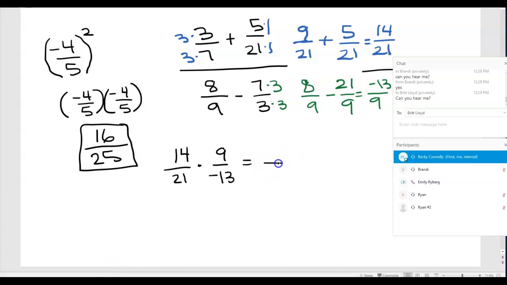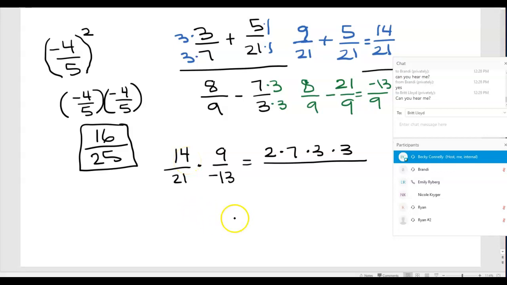Now, since it's connected by multiplication, you can do the prime factorizations of those and divide them out that way. Or there are a lot of different ways that people learn to do this. It's easier to do the prime factorization here while these numbers are still smaller, because they're connected by multiplication. Otherwise you'd do 9 times 14 and get a big number, and then you'd have to break it back down.